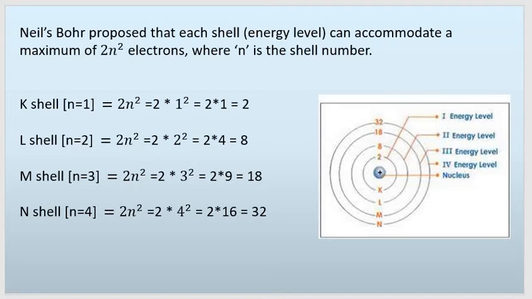The first shell, K shell, where n is equal to 1: if you substitute n as 1 in 2n², you get 2 × 1², that is 2 × 1 equals 2. So, the first shell, K shell, can accommodate a maximum of 2 electrons.